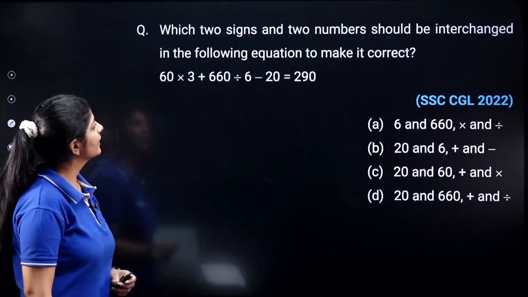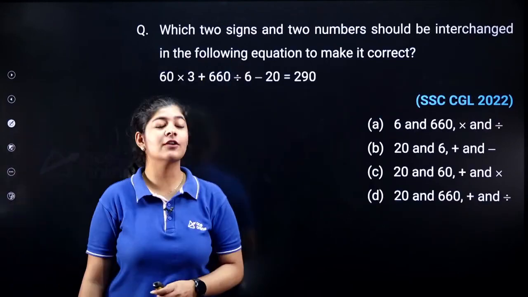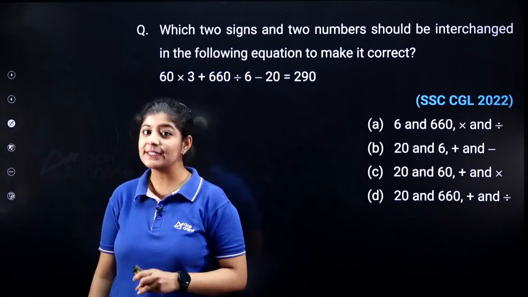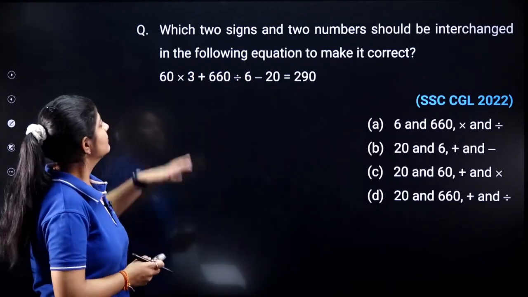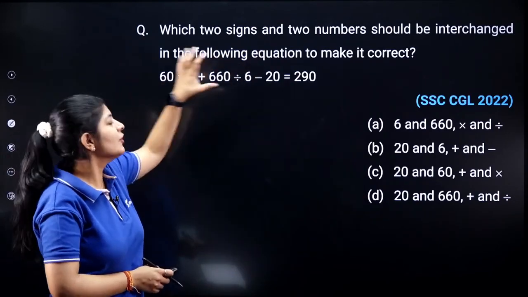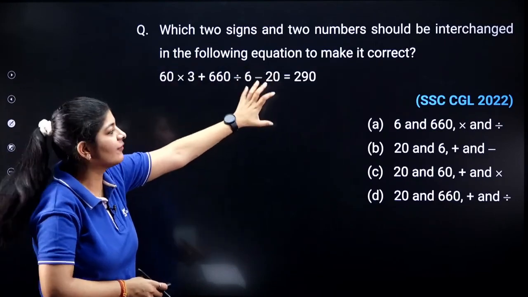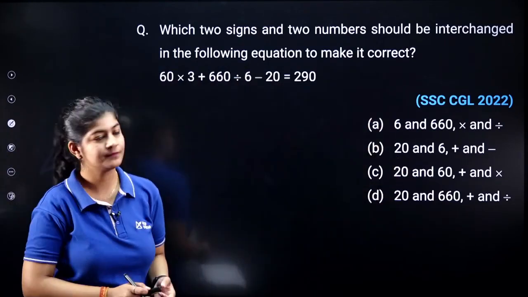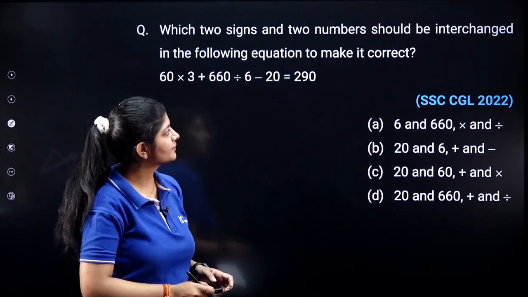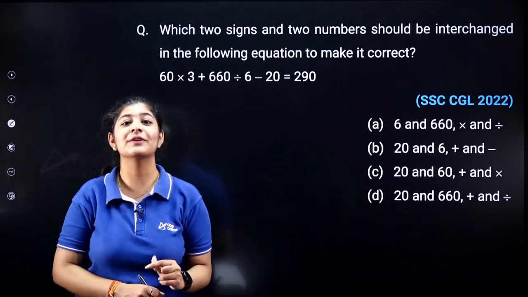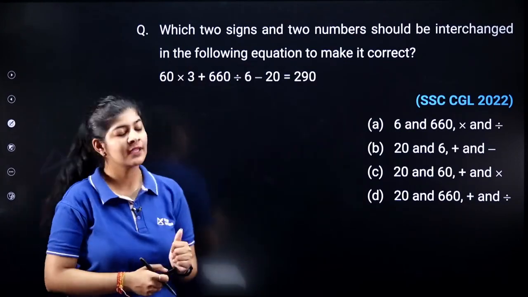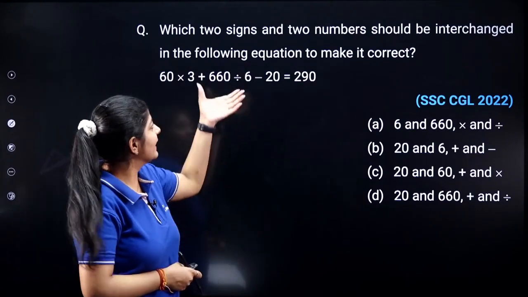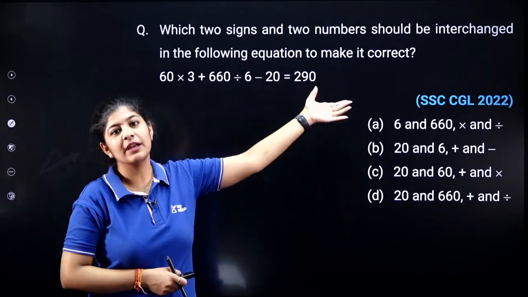Next one. Again, here we have a question from the concept of symbols and notations. You just read the equation and then solve with the given options. This time we need to find the correct equation, making sure the left hand side is equal to the right hand side.